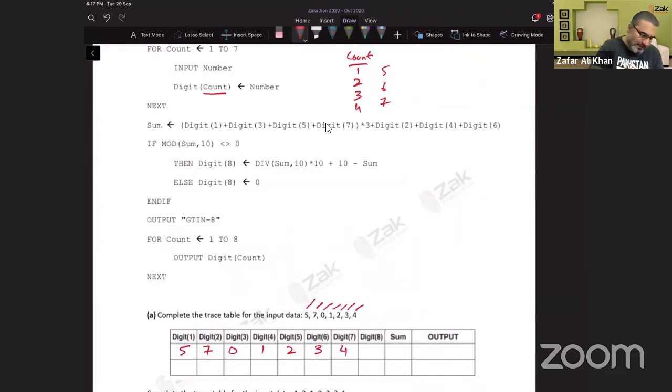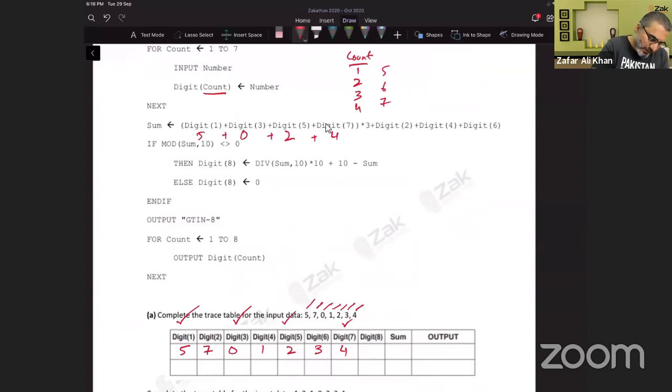Now it says sum: digit 1, which is 5, plus digit 3, which is 0, plus digit 5, which is 2, plus digit 7, which is 4. So 5 and 4, 9 and 2, 11.